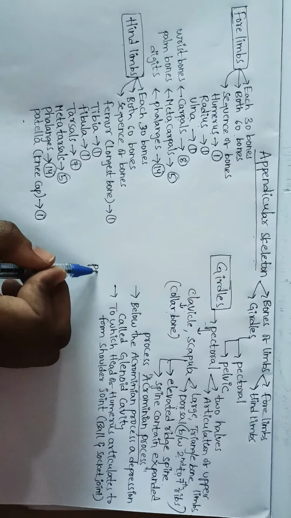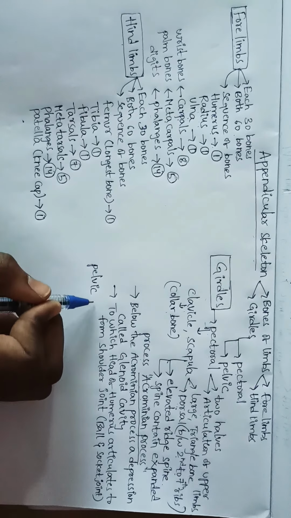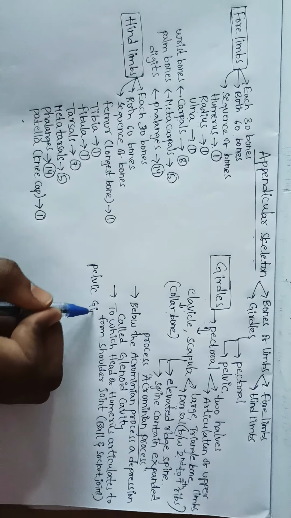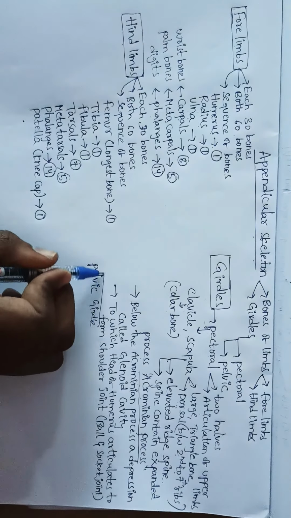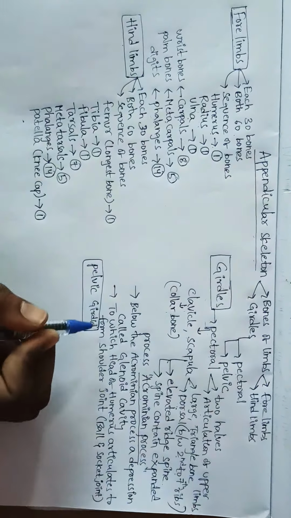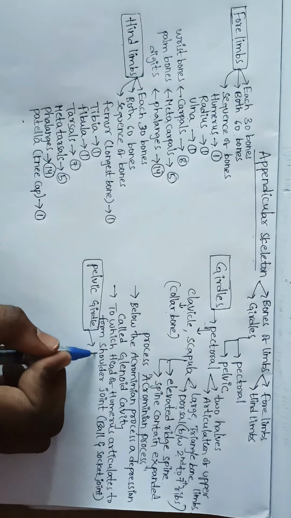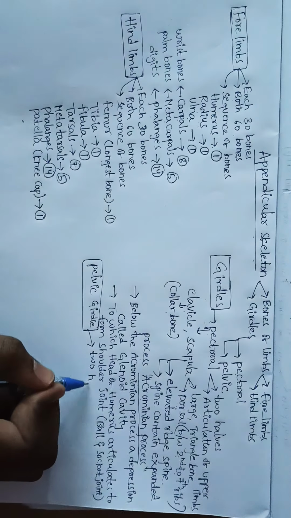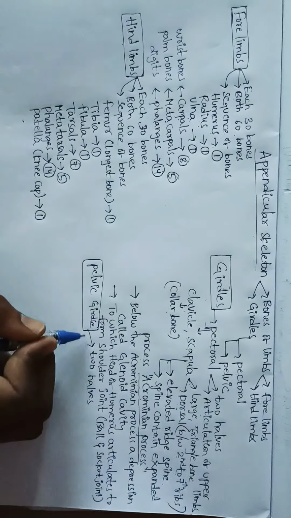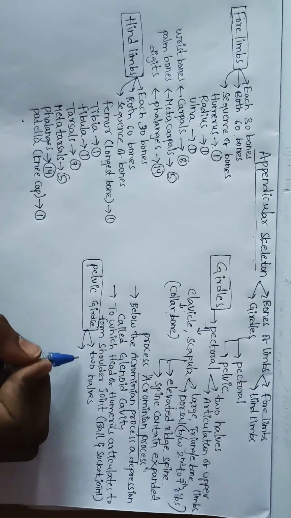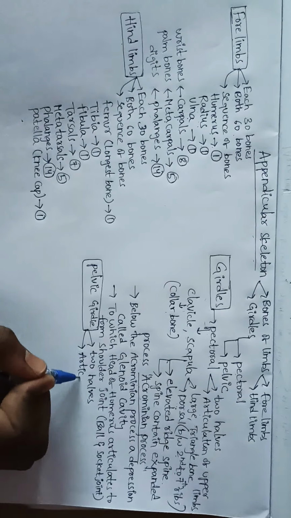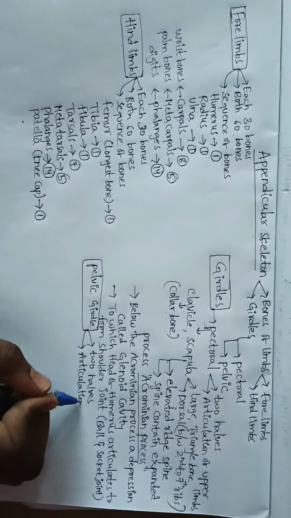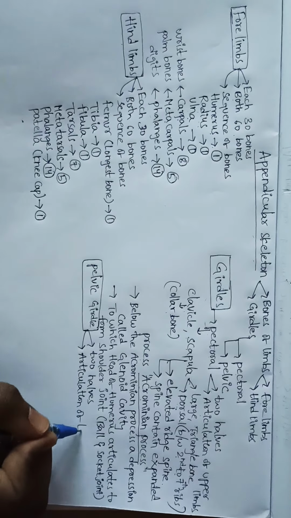Next, pelvic girdle. Each pelvic girdle consists of two halves. Pelvic girdle is useful for articulation of lower limbs.